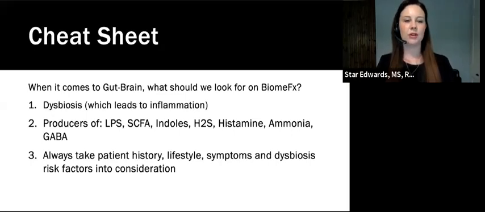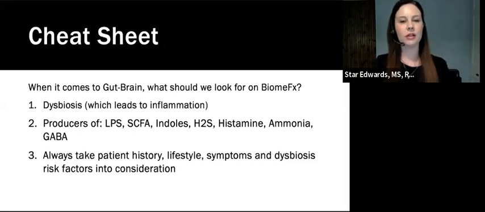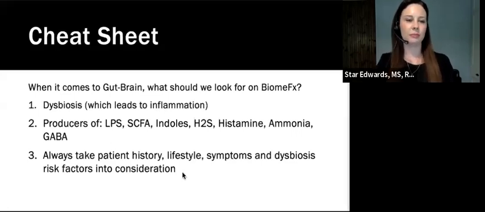And it makes a big difference, because if you have a patient who has elevated ammonia producers on BiomeFx, and they also have a history of alcohol abuse, then it's going to make that ammonia more significant. Same thing with histamine. The significance of the level of histamine that we find on BiomeFx is going to vary greatly according to the patient's symptoms, and if they have symptoms of mast cell activation, for example.